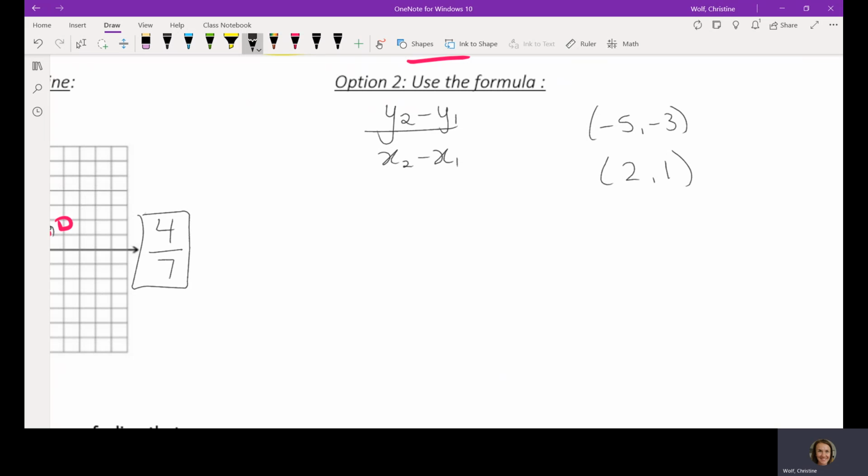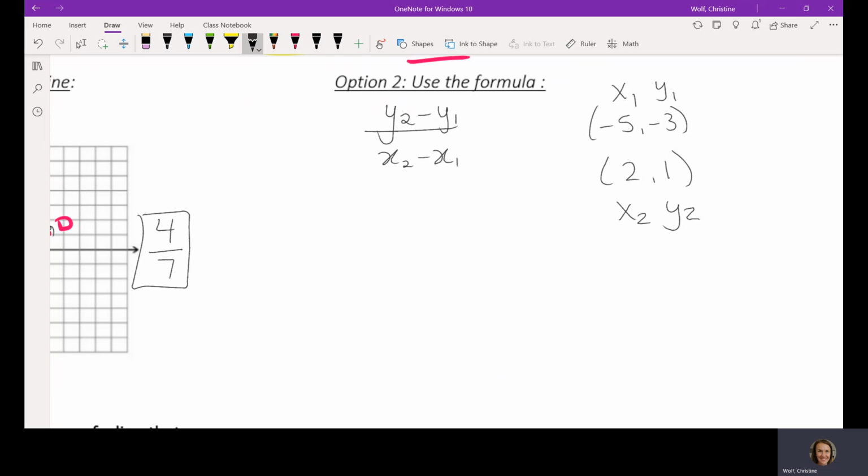So whenever I give you points, the first value is X and the second value is Y. The first point I gave you, therefore, we could label as X1, Y1. The second point I gave you, therefore, we could label as X2, Y2. So now all I do is plug them into that formula.